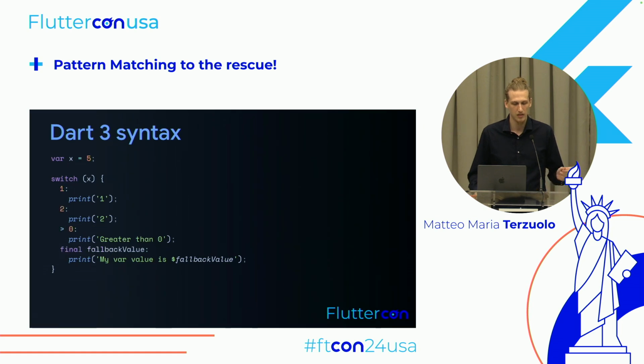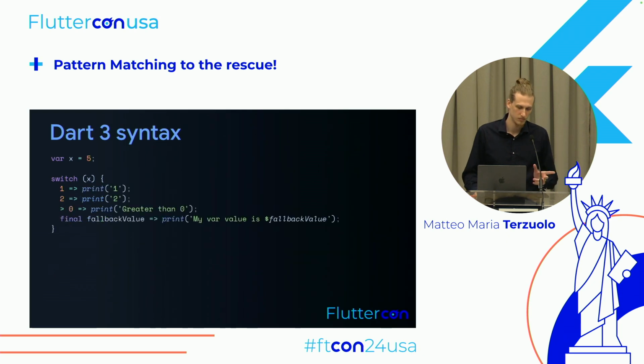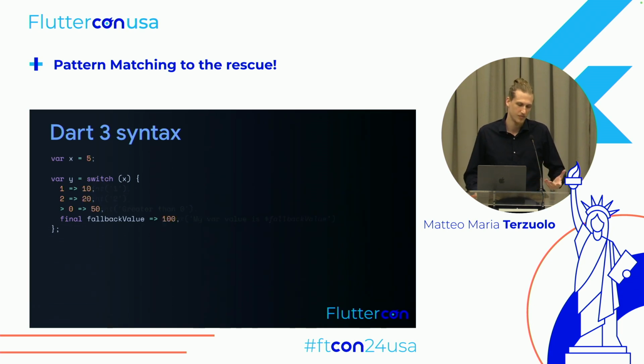The colons became arrows. Then the semicolons became commas, and we put a semicolon at the end of the switch. And then we assign everything to a variable. So removing the prints, that doesn't make sense, and putting some values there.